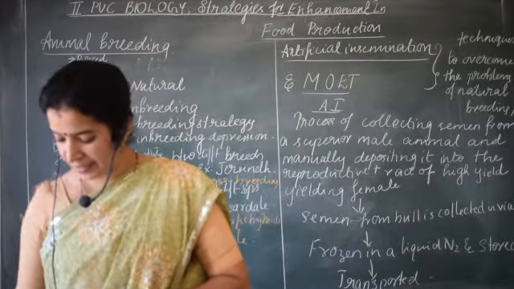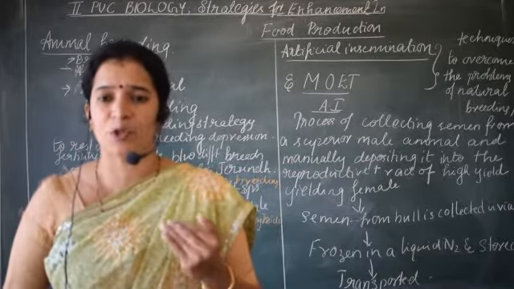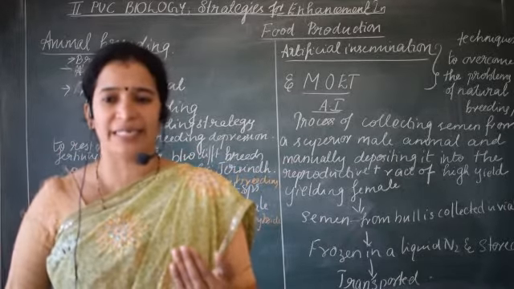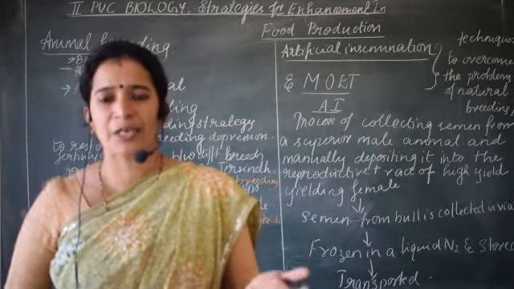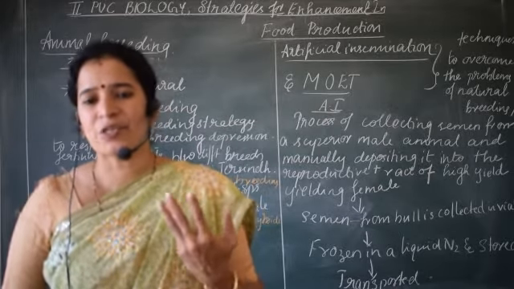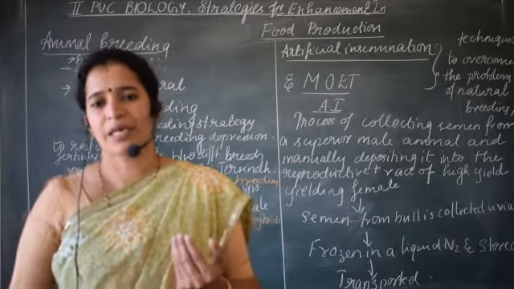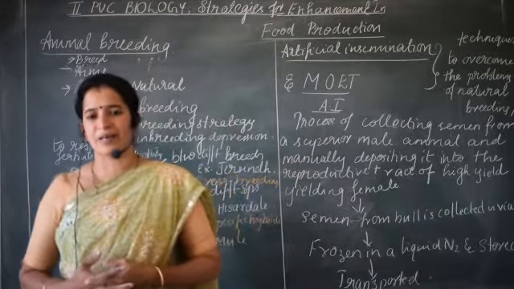Generally, it is based on superior progeny. If the bull has the ability to produce superior progeny, then it is considered a superior male. Based on high milk per lactation period, that female is considered a superior female.